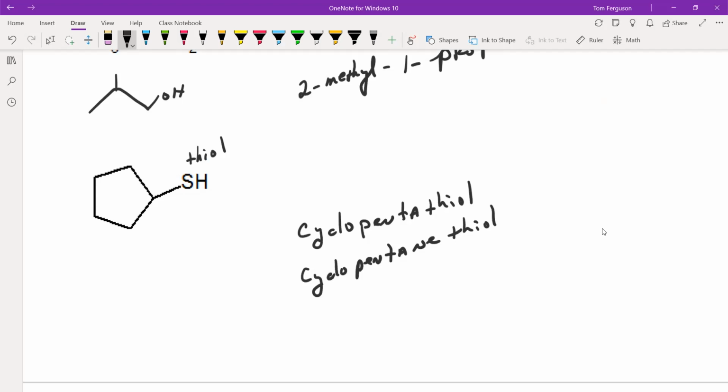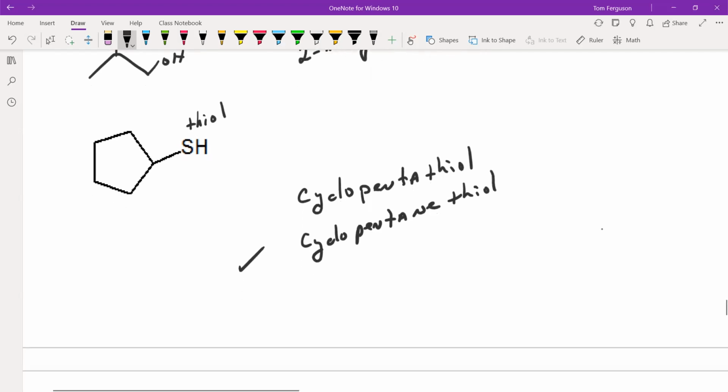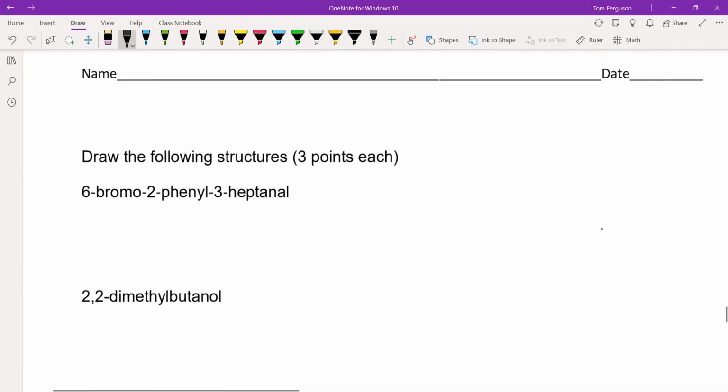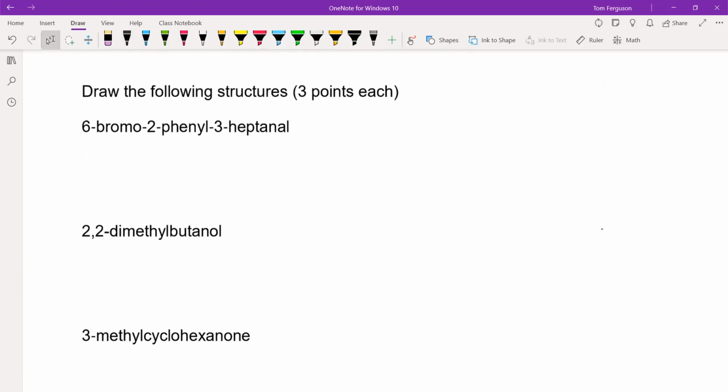Sometimes you see it written like the bottom one there, cyclopentane thiol. This is probably the more common one. Okay, and here we go, name to structure. Butenol, that's 7 carbons long. Okay, and it's an al, so that means it's an aldehyde.